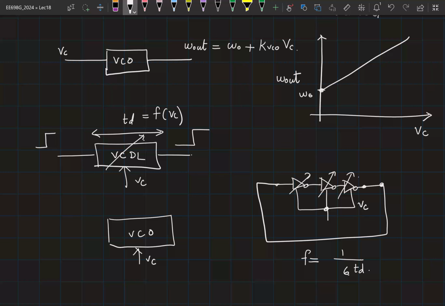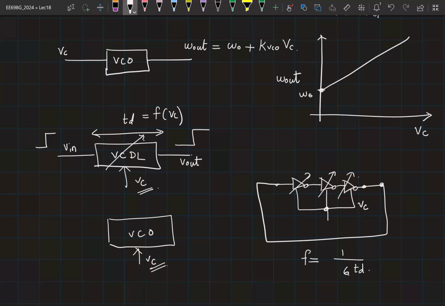In a VCDL, you had to feed in some voltage domain input, and then you were observing the output, and the delay between this input and output was controlled by a secondary input VC. Here, you are not giving any voltage input other than the control voltage VC. Okay?